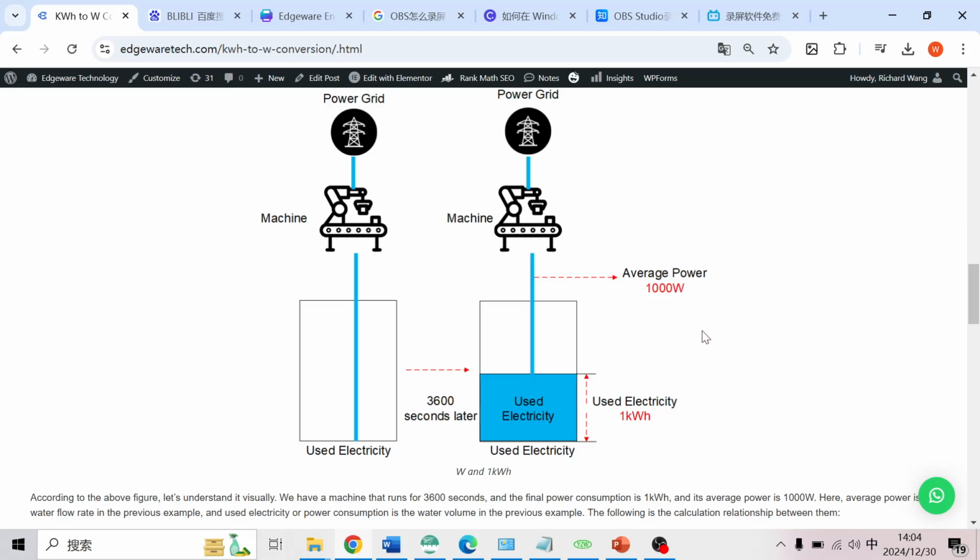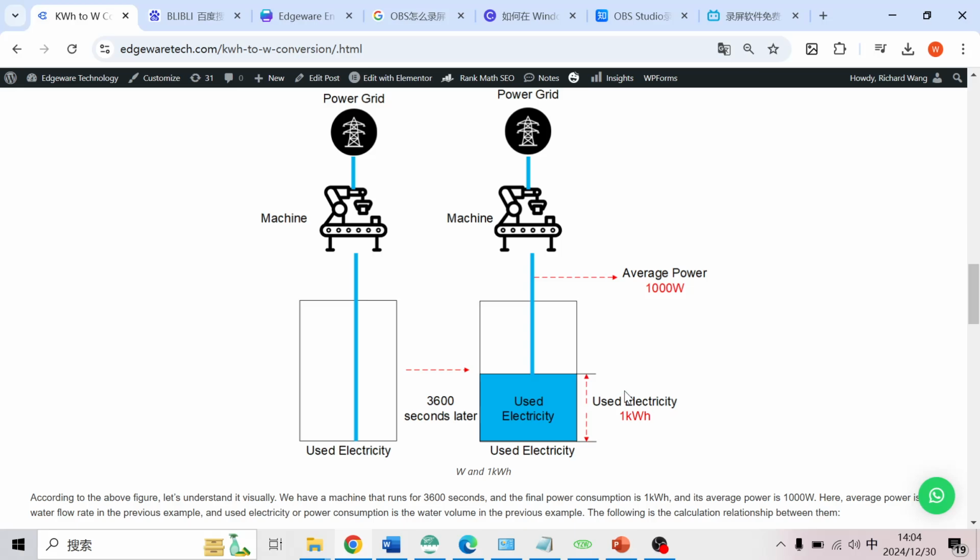Please understand that watts is really the real-time power it uses. Let's say the average power every second in 1 hour should be 1,000 watts. So it describes, for example, at second one, second 15, how big the real-time power it uses is. But the kilowatt hour is really the electricity it used.